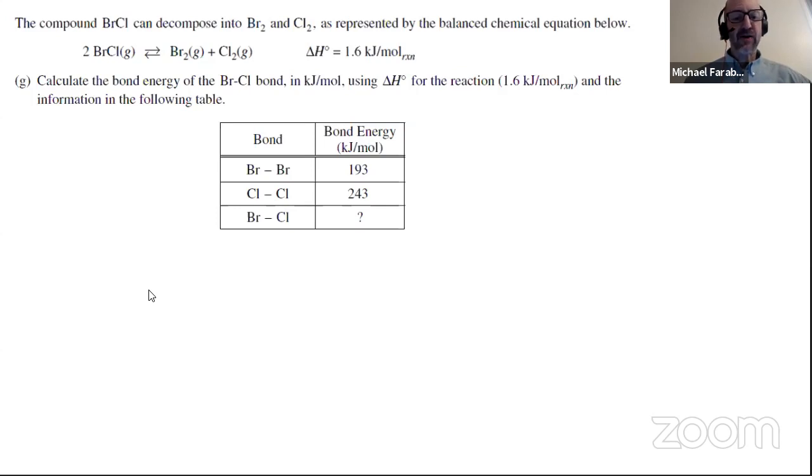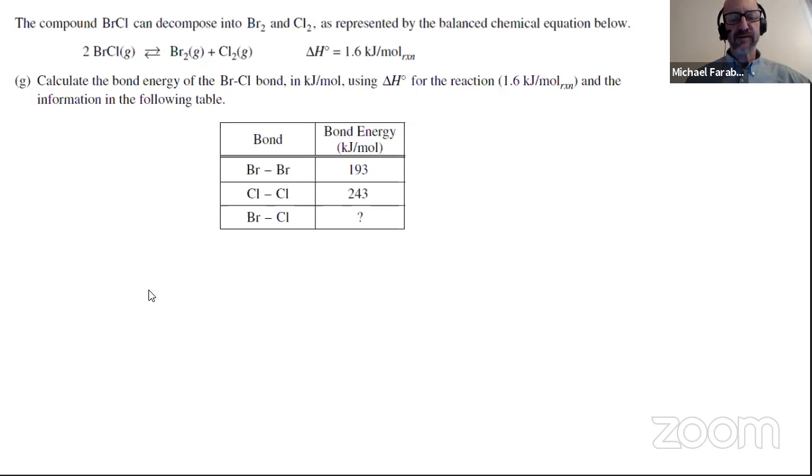Calculate the bond energy of the BrCl bond. So as you can see in the table, we have the bond energy between 2 bromines, between 2 chlorines, but there's a question mark between the bromine and the chlorine. So calculate the bond energy of the BrCl bond in kilojoules per mole using the delta H for the reaction, 1.6 kilojoules per mole of reaction, and the information in the following table.